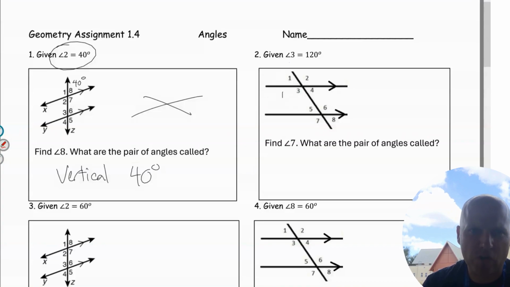If angle 3 is 120, again, imagine taking this out, cutting it, and moving it down, placing it on top of it. If this is 120 degrees, corresponding with this, if I moved it down, it'd be 120 degrees, and this is called a corresponding angle.